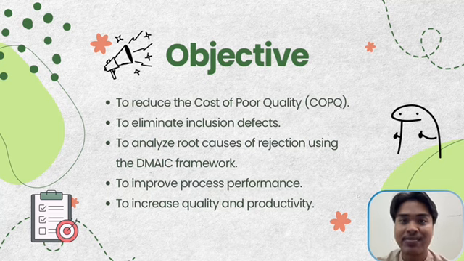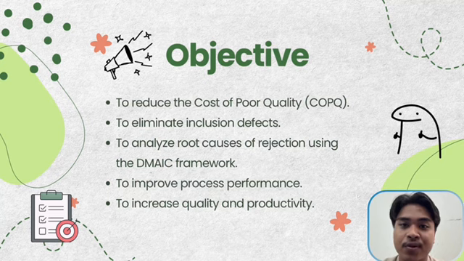To tackle this defect systematically, our third objective is to analyze the root causes of this rejection using the DMAIC framework. By walking through the structured phases of define, measure, analyze, improve, and control, we can move away from guesswork. We will rely on data-driven, continuous improvement principles to isolate exactly where the process is failing and permanently solve the issue at its source.